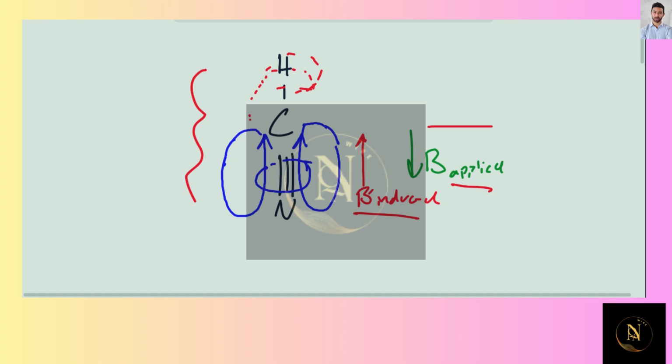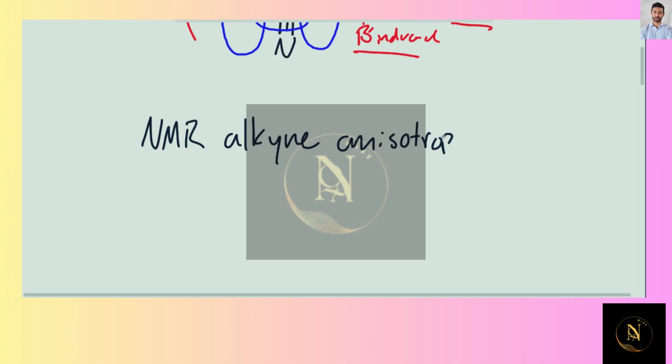If you want to look up more about this, you could Google anisotropic induced magnetic fields, or anisotropic NMR alkyne, anisotropic induced magnetic fields.